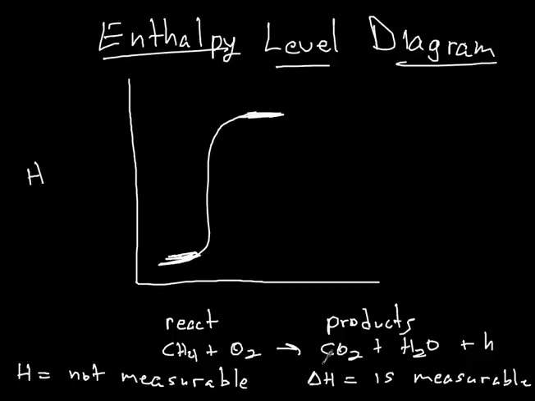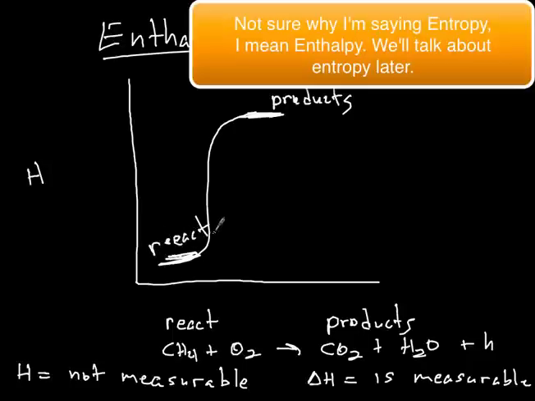So if you're looking at an endothermic reaction like we have here, and I asked you about the relative stabilities of the products versus the reactants, you would say that the products are less stable than the reactants because they are higher in enthalpy. Or you could say the reactants are more stable than the products because they are lower in enthalpy.